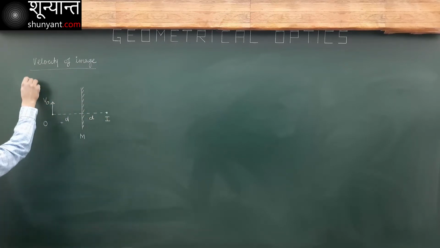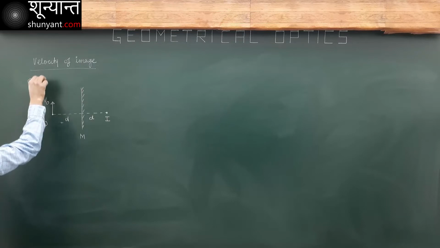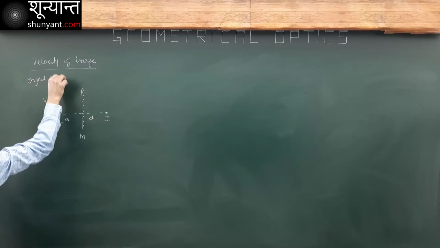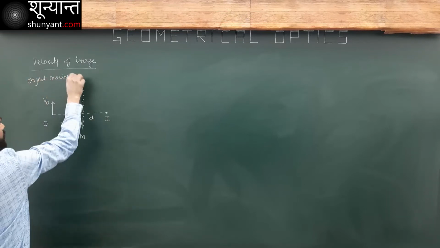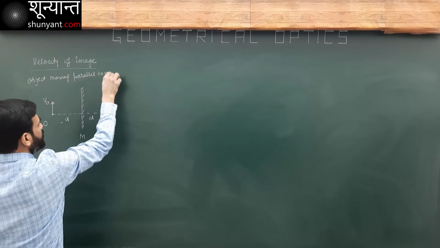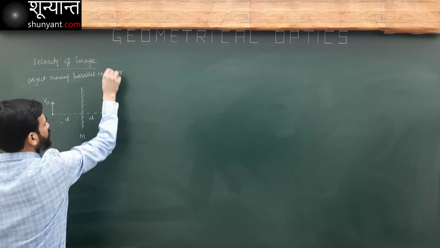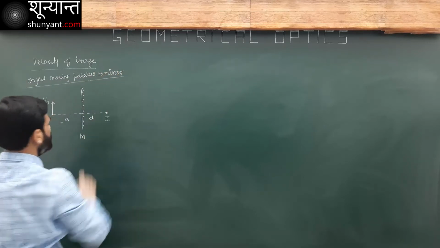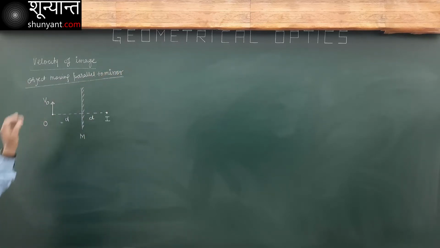This is V1, the velocity of object. The object is moving parallel to the mirror. It has velocity VO. Understand this.